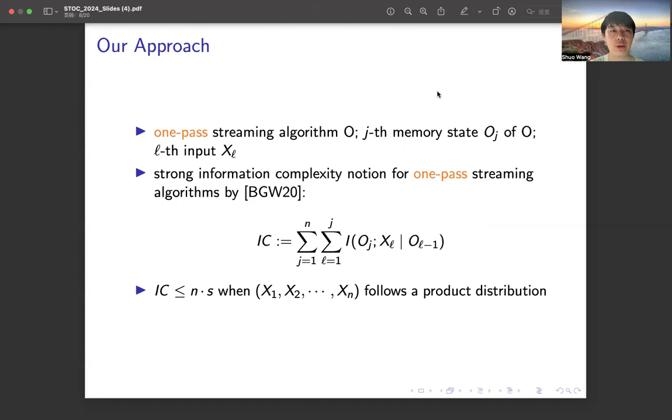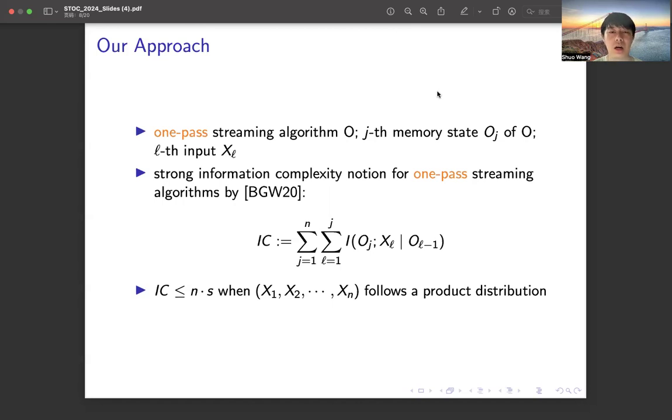Then let me introduce the techniques used in our proof of the lower bound. Here we first fix some notation. We use O to denote the one-pass streaming algorithm, and we use Oj to denote the j-th memory state of the one-pass streaming algorithm, which could be a random variable.